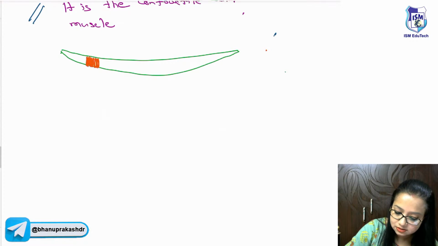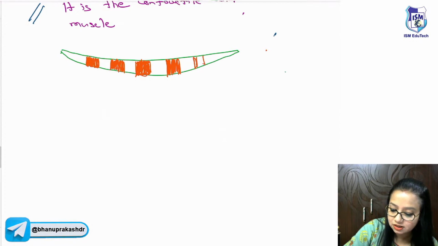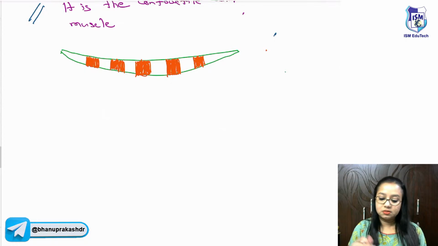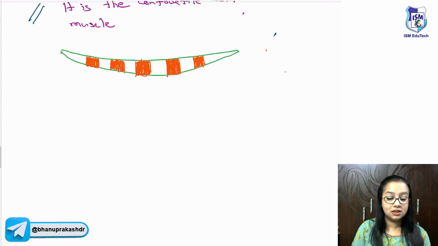It will appear like some portion has got these dark areas, and some are having lighter areas. This lighter area and darker area is happening.